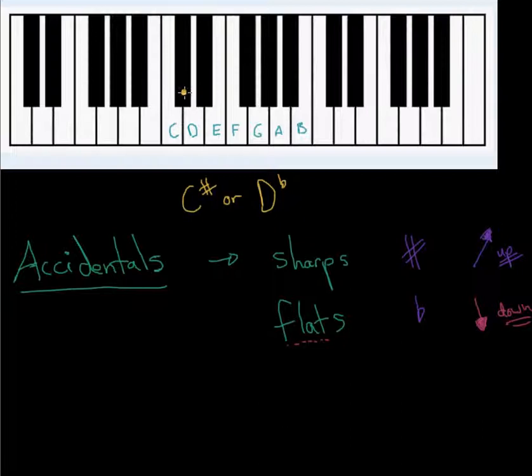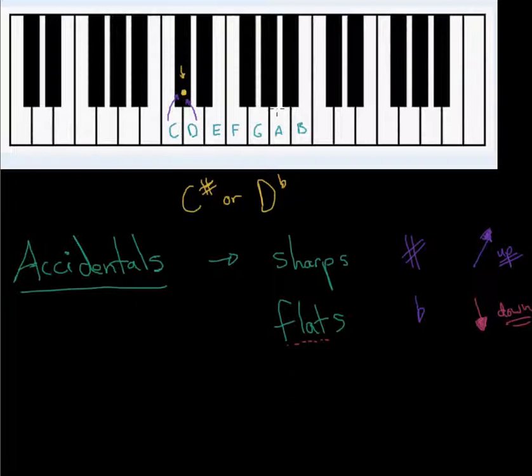This note here, right, this one here, could be called a C sharp or a D flat. Why? Well, using what you've learnt so far, that a sharp is up and a flat is down, let's have a look. C sharp or D flat. Maybe that's starting to make sense. C sharp up, C sharp or D flat, D flat.